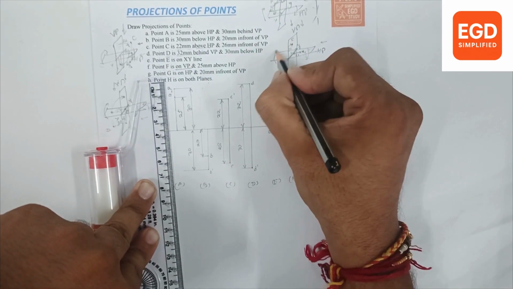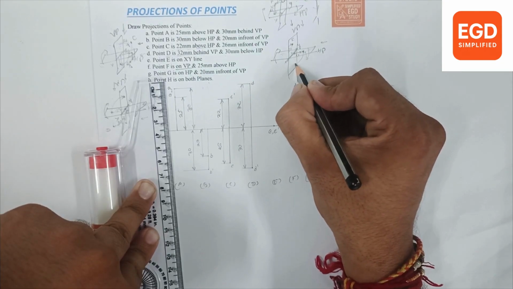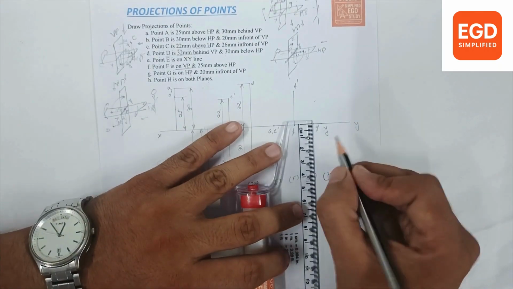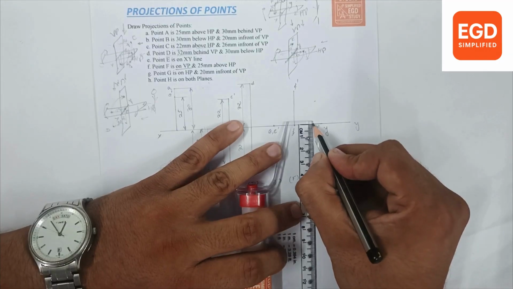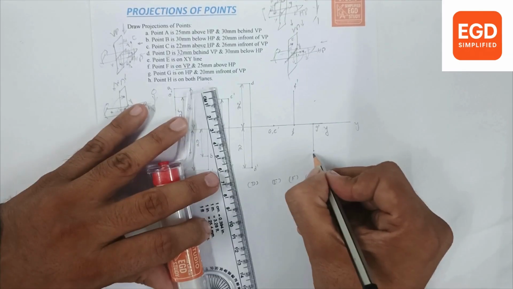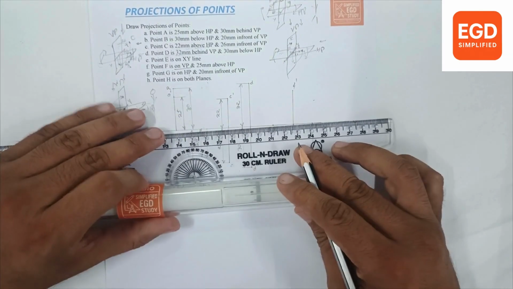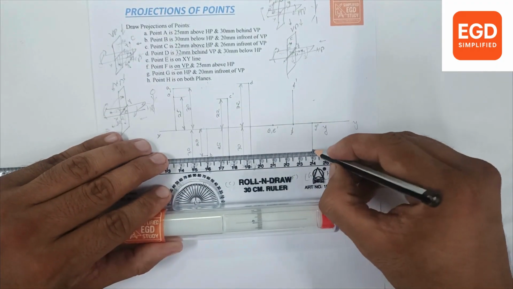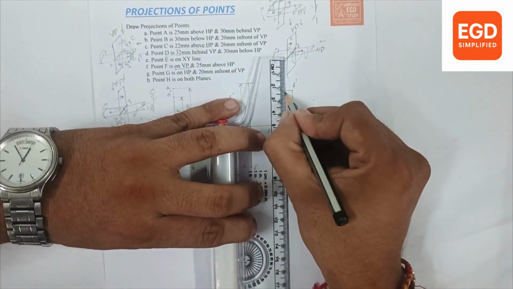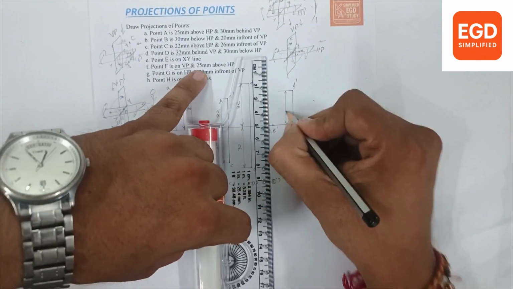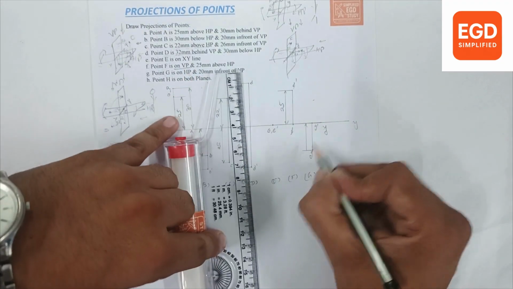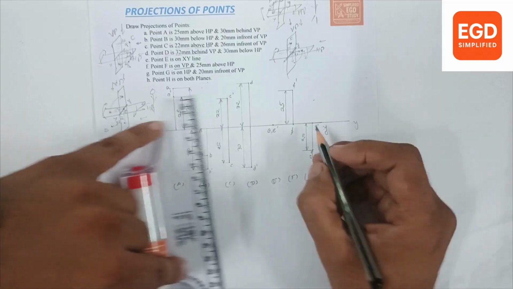When we rotate the horizontal plane 90° clockwise, point G comes below the XY line. So we will plot 20 mm for point G. Give the dimensions. For F point, what was the measurement? 25 mm. And for G point, it is 20 mm.